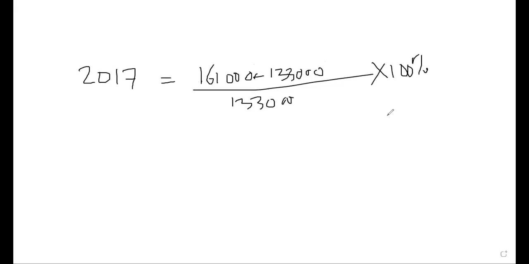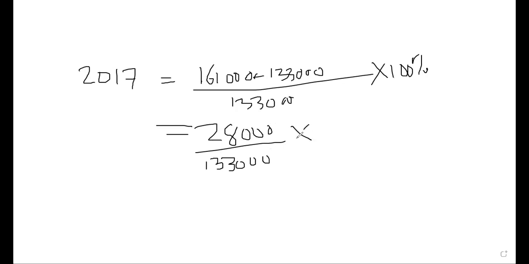So 161 minus 133 is 28,000. Then you divide this by 133, then multiply by 100%. So we are getting 21.05%.